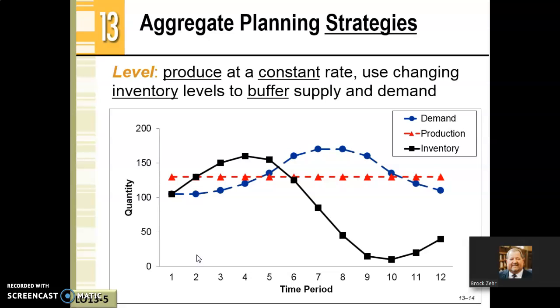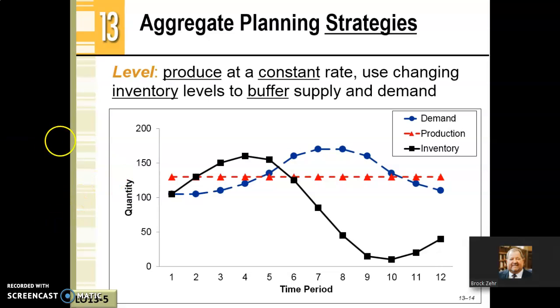We're going to look at different aggregate planning strategies, different ways to produce. The first is level, and that's where we just produce at a constant rate. And some months we're going to produce more than what we need, other months less than what we need, but we're going to just continually produce, and we will inventory any excess and then pull from inventory when we need it.